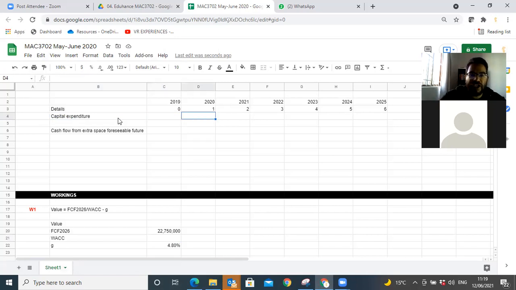We can't put it into 2020 because that column represents the end of 2020. So we put it in the period before. We put it in 2019, because the end of 2019 is the same thing as the beginning of 2020. It's an outflow, so it's negative 245 million.